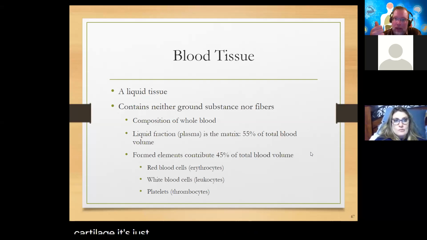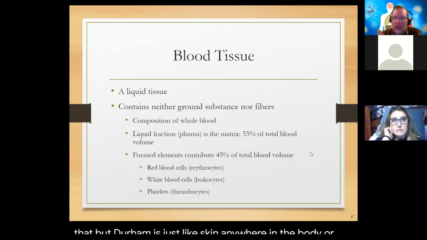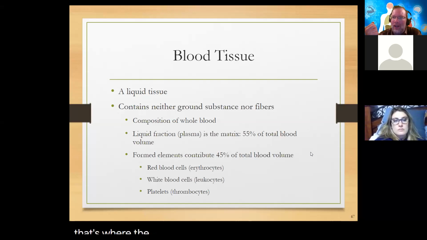The outer surface is going to be epidermis, no blood. But once you get past the epidermis, just like skin anywhere in the body, you're going to have the blood supply of the dermis, and that's where the nerves are too. That's why it hurts. Nerves in the dermis, blood in the dermis. That's where the blood and the pain comes from. Deep to that is where the cartilage is found.